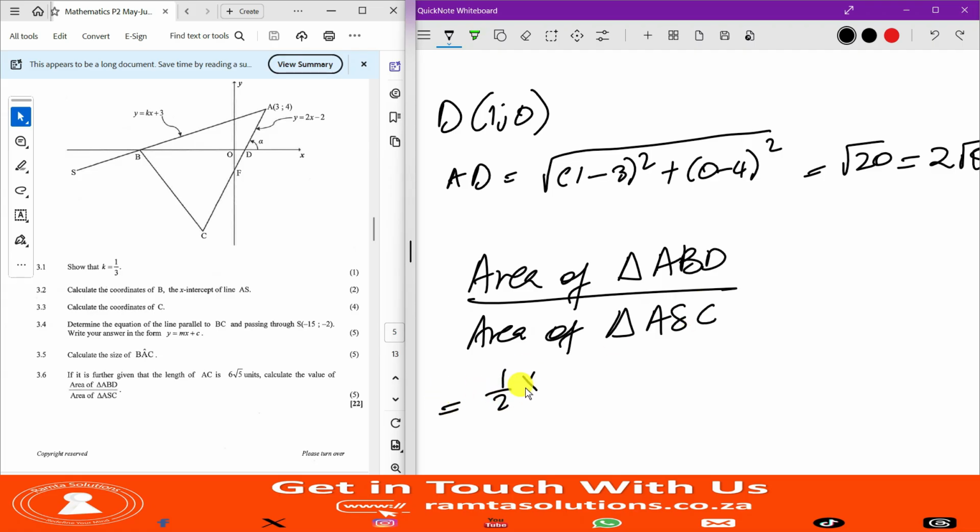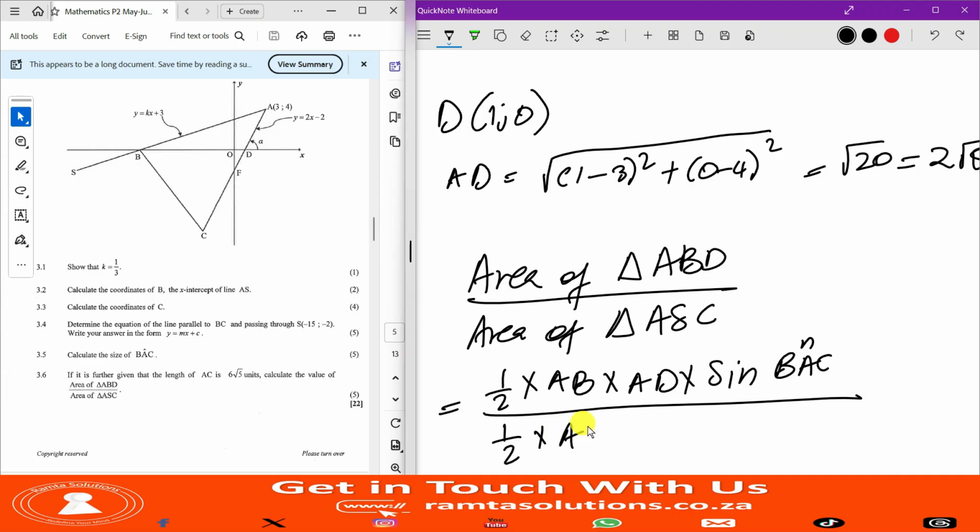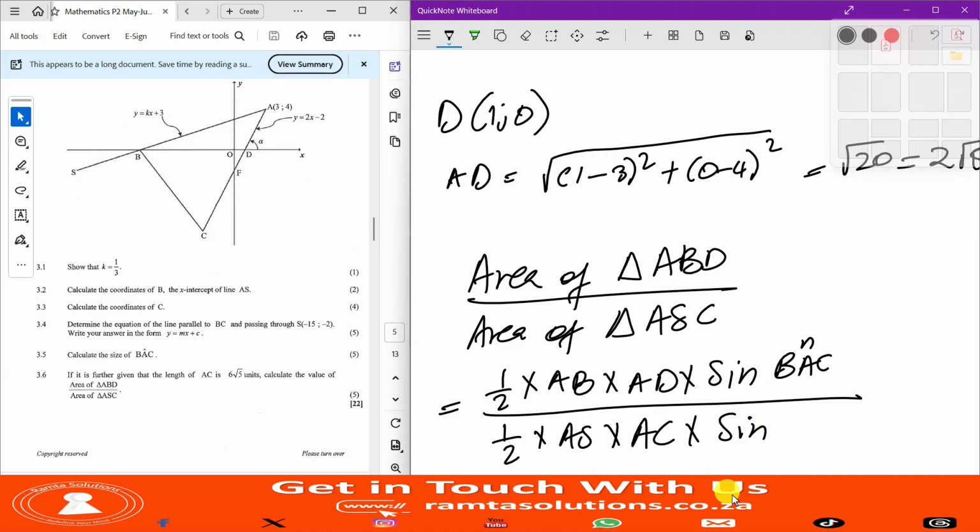We'll say this is half times AB times AD times sine angle BAC, all over, now we are looking at ASC, AS times AC times sine angle BAC.